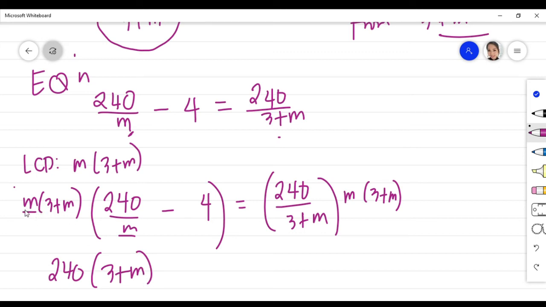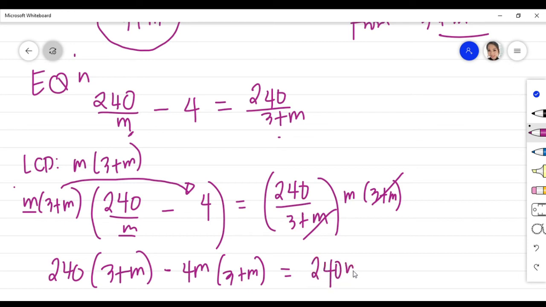Next, let's times this one to negative 4. So that is negative 4m times 3 plus m equals, and again I want to do divide then times. So that cancels out, and m times 240 is 240m.